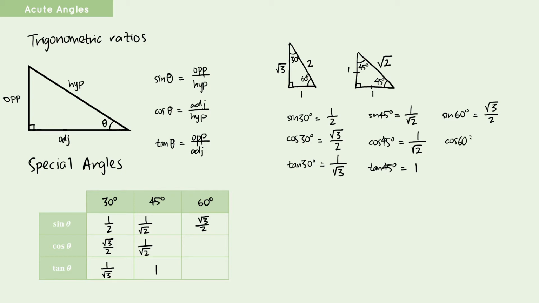Cosine 60 degrees is adjacent over hypotenuse, so it's 1 over 2, it's half. Finally, tangent 60 degrees is opposite over adjacent, so it's square root 3 over 1, which is just square root 3.